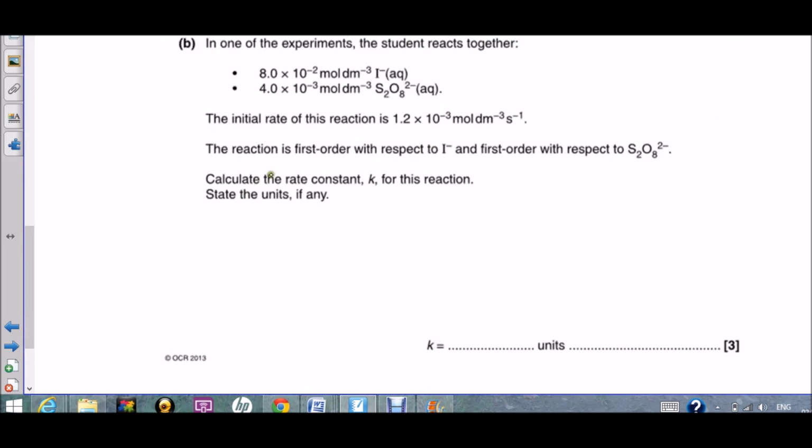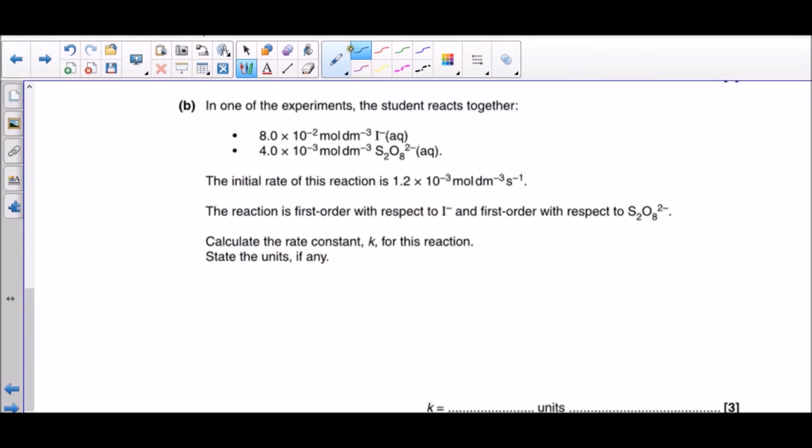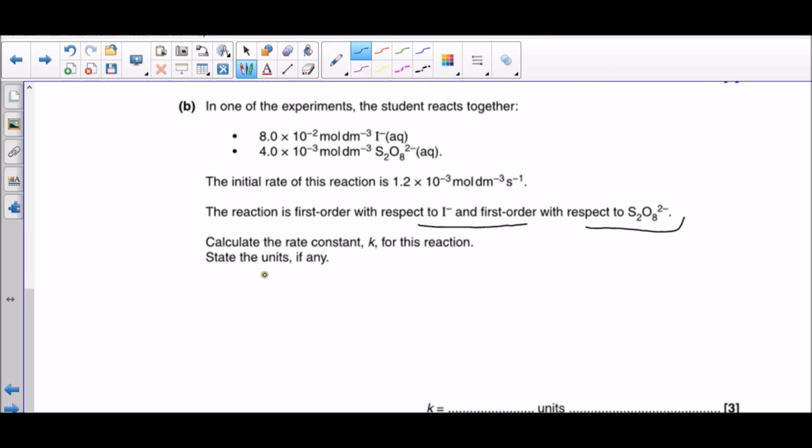Carrying on down to the bottom, we've got a rate constant calculation. So if we look at this, it says first order for I minus and first order over here as well. So we've got rate equals K, and then we put those both in. We want K, so we're going to rearrange this.